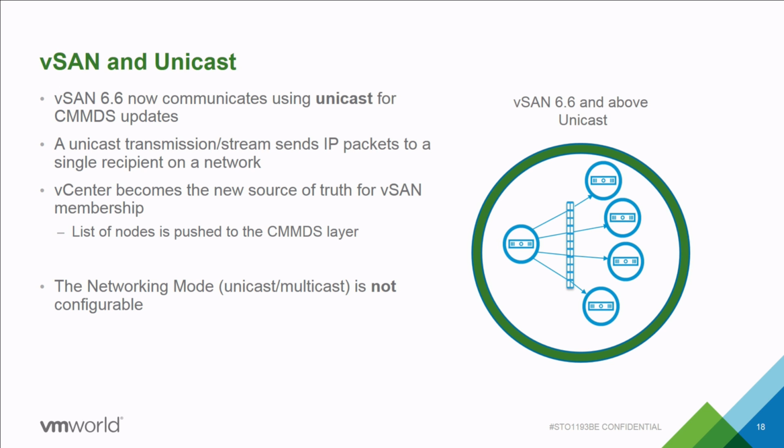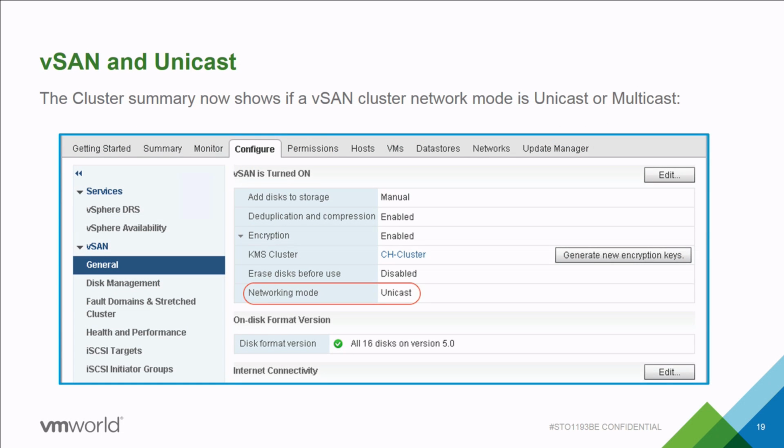You cannot modify this networking mode. If all of the hosts in your vSAN cluster are running version 6.6, you will be running unicast. We'll talk about when we might go back to using multicast in a sec. We've put it front and center now as well, so you can see straightforwardly in the vSphere UI whether you're using unicast or multicast.